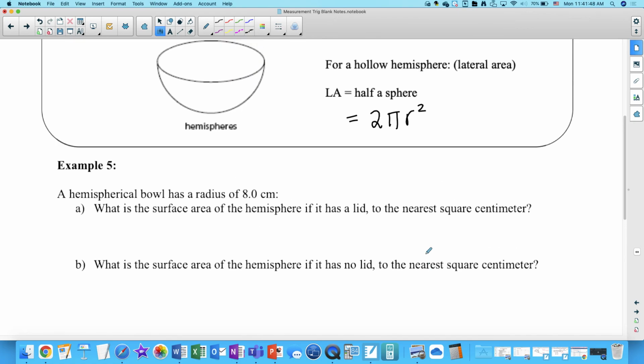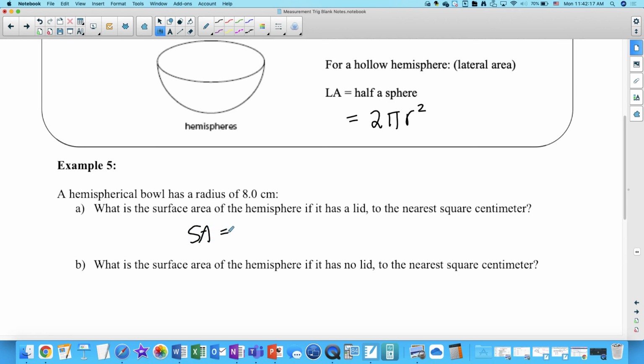All right, now a hemispherical bowl has a radius of 8 centimeters. What is the surface area of the hemisphere if it has a lid, to the nearest square centimeter? And then what's the surface area of the hemisphere if it has no lid, to the nearest square centimeter? In the first case, we're talking about a solid hemisphere because the lid itself is a surface. So this is going to be the first one that we looked at.